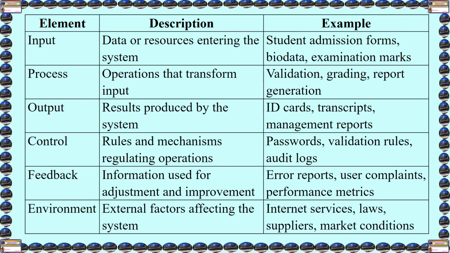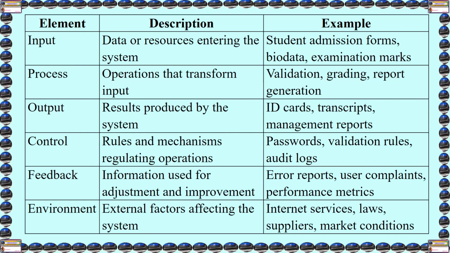We have the output, that is the results produced by the system. They include ID cards, transcripts, management reports, etc. Then control. These are the rules and mechanisms that regulate how the system will work. Examples include passwords, validation rules, and audit logs for security.